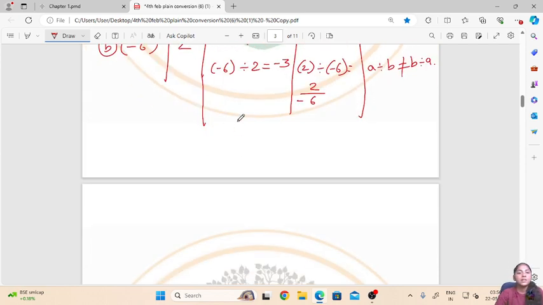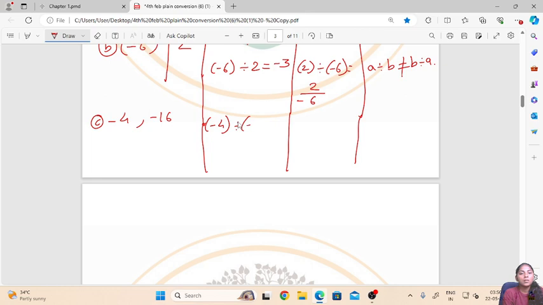Let us take another example. So we have minus 4 and minus 16 as a and b. So first a divided by b. So here we will get answer as 4 by 16.